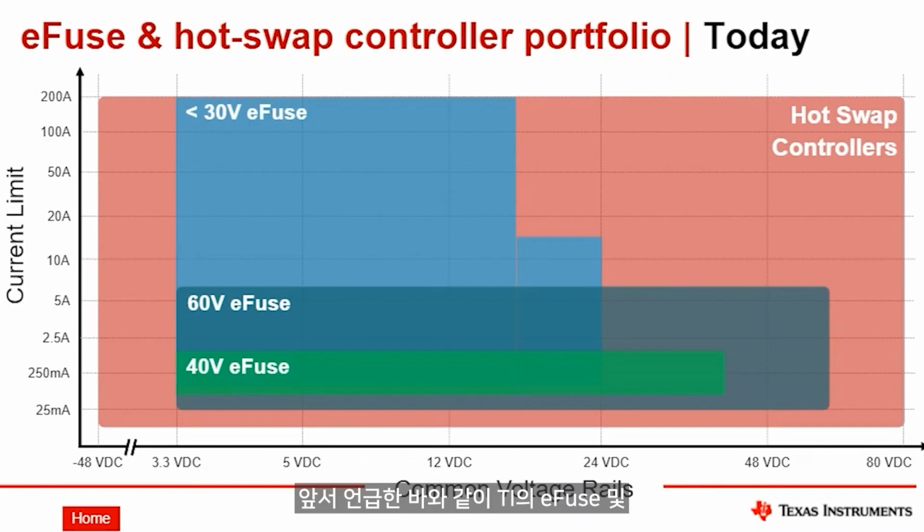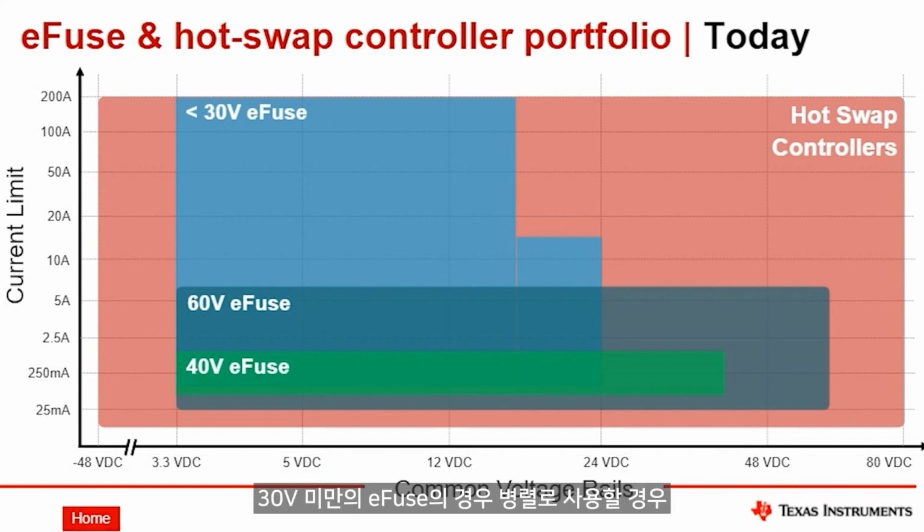Taking a look at our eFuse and hot swap portfolio, as mentioned before, our hot swap controllers have the ability to use an external FET, so the amount of voltage and current they can cover is quite wide. So what we're trying to do here at TI is increase the coverage of our eFuses to match that of our hot swap controllers.